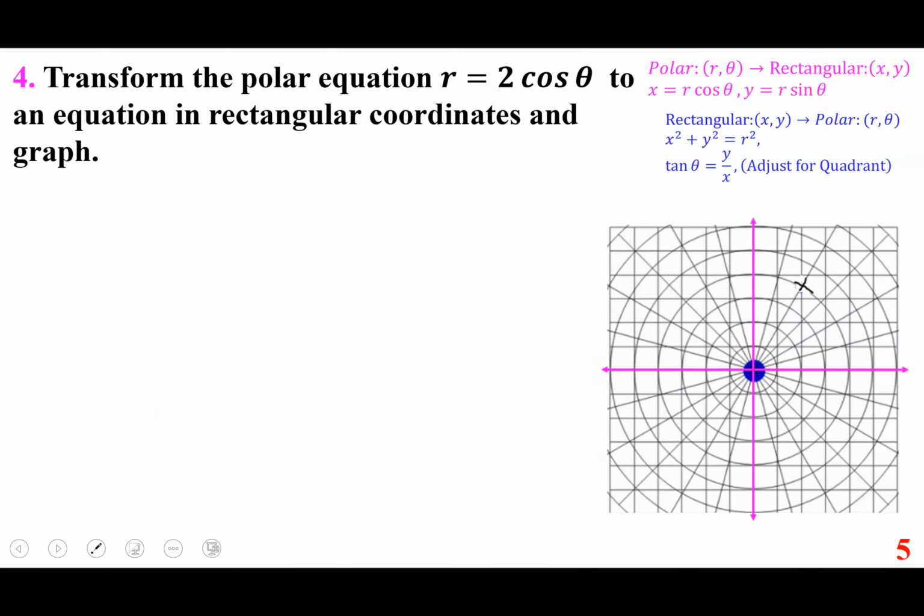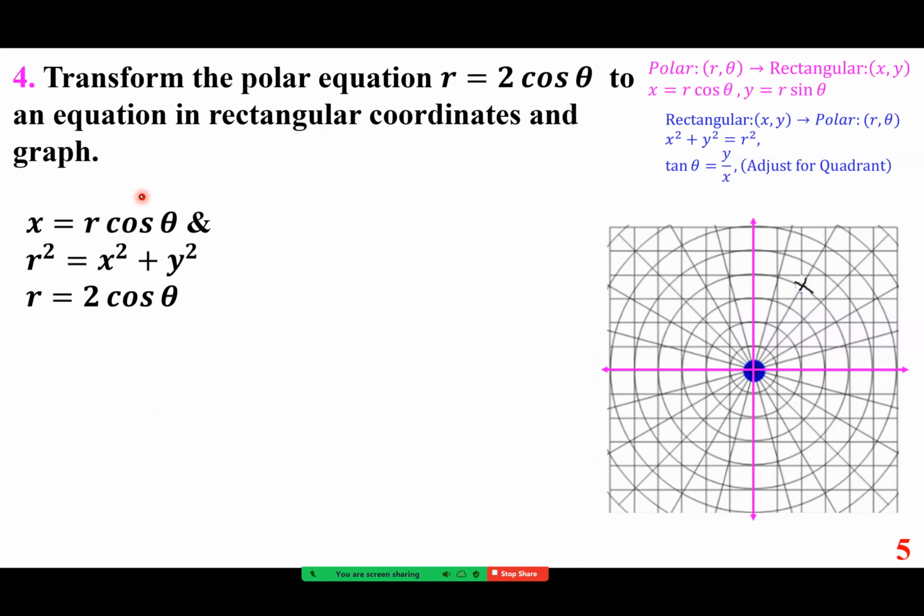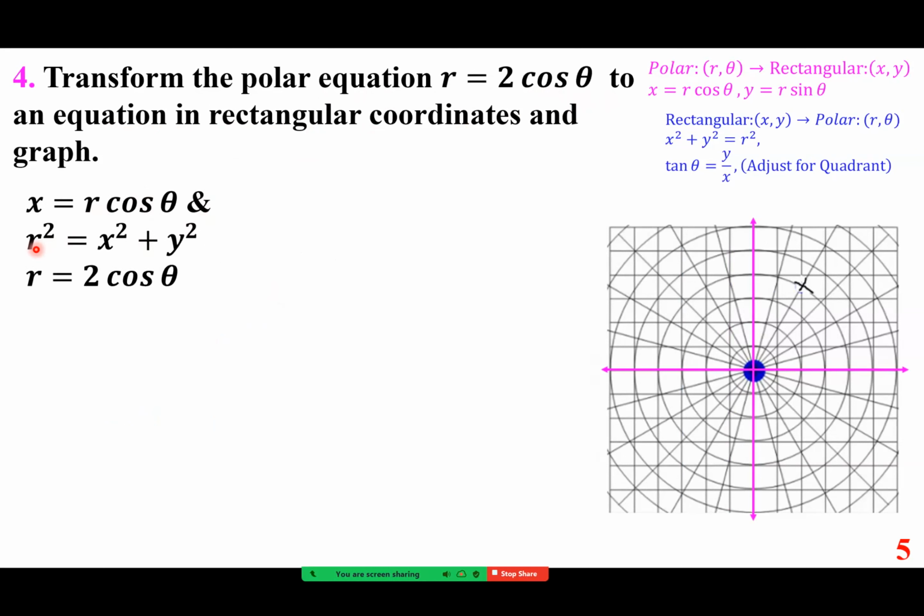How about transforming the polar equation r equals 2 cosine theta to an equation in rectangular coordinates and graph it? First, let's remind everybody x is r cosine theta, r squared is x squared plus y squared, and what is given, r equals 2 cosine theta. So the technique is to multiply both sides by r.